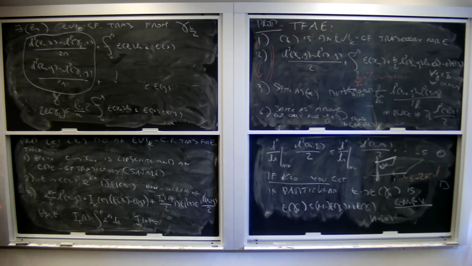First of all, one tells you that there is a compatibility: whenever you have an EVI gradient flow, then you also have a gradient flow in the sense of energy dissipation. Two is a regularization property, and three are these a priori estimates.